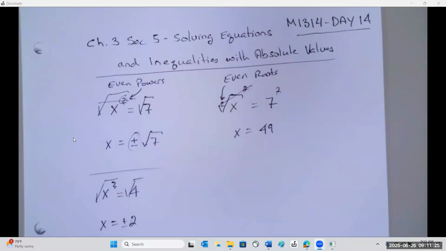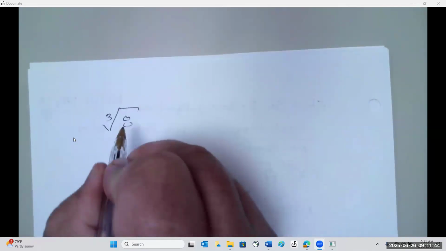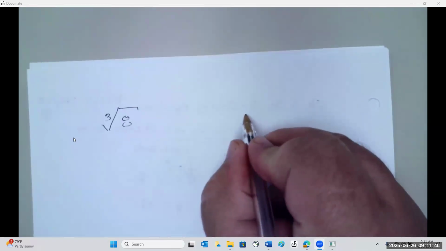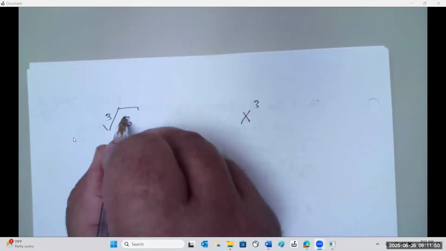What if it was 3? Write this down. What if we had a cube root of x equals 2, and x cubed?